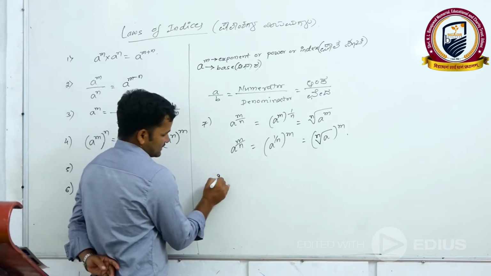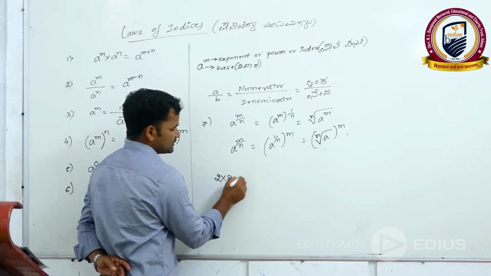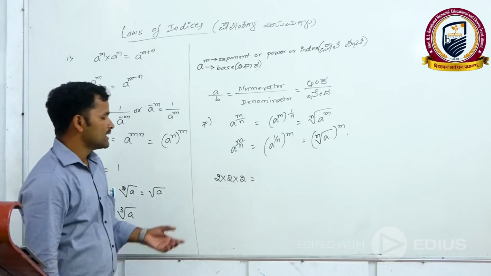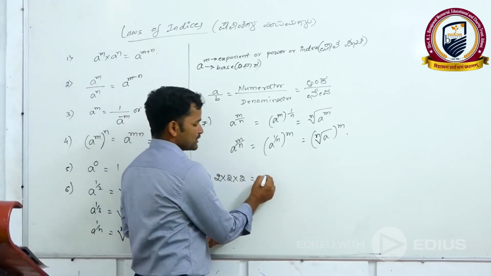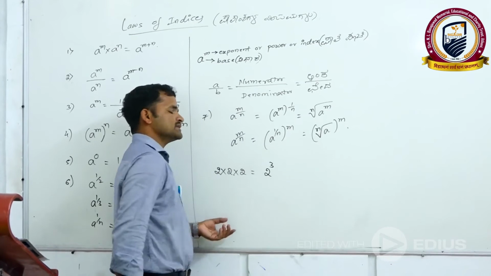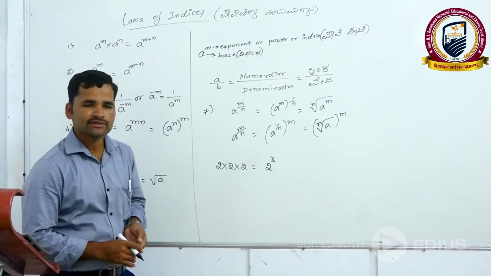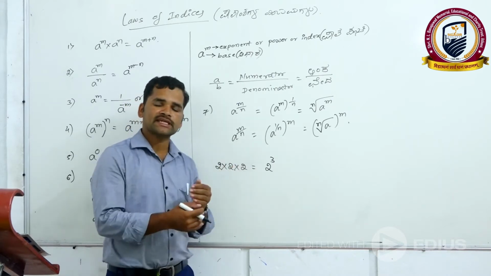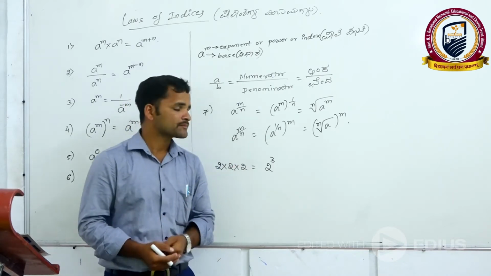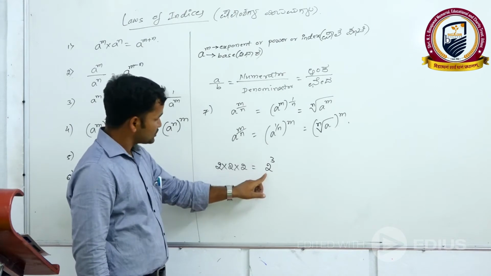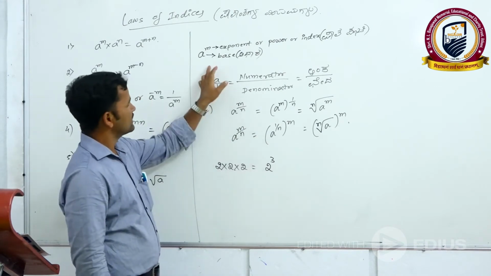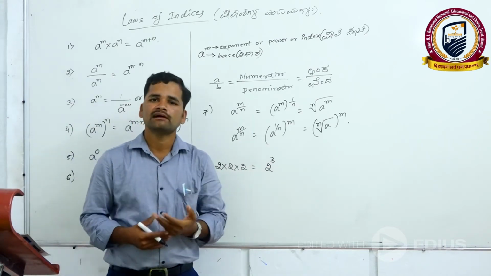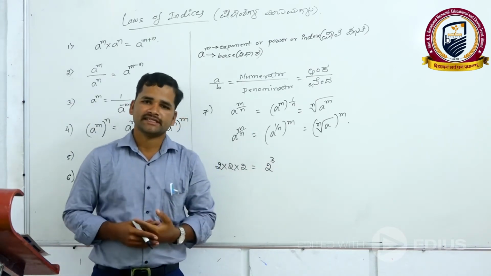First one, suppose we have 2 into 2 into 2. How can we write this? This can be written as 2 to the power of 3. It indicates 2 is getting multiplied 3 times. 2 is the base, and 3 is the exponent, power or index.